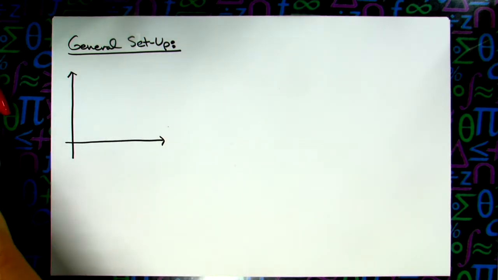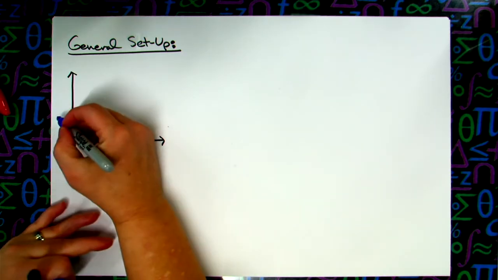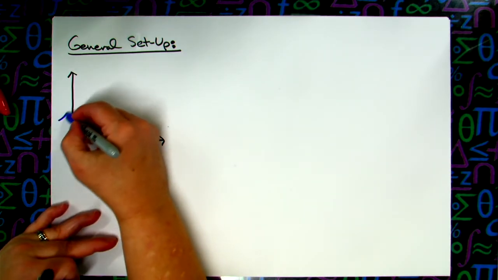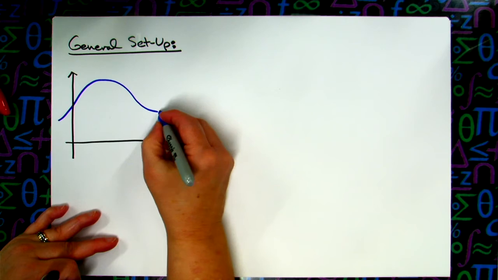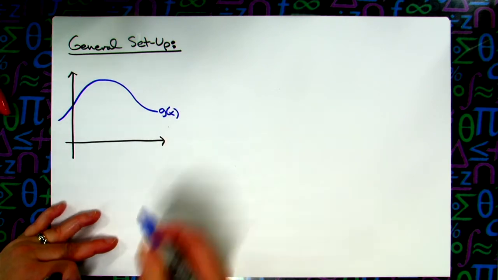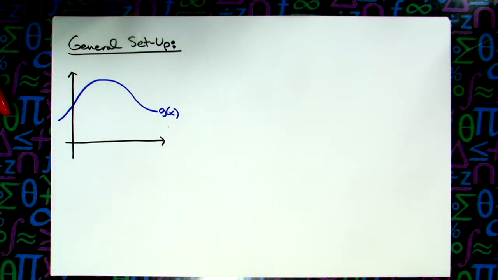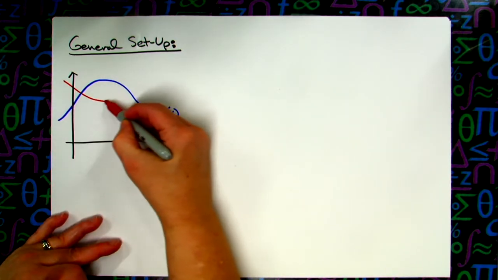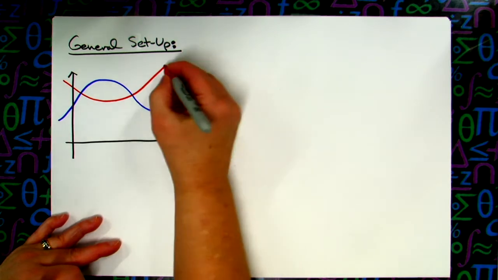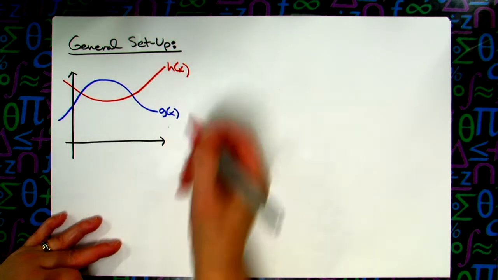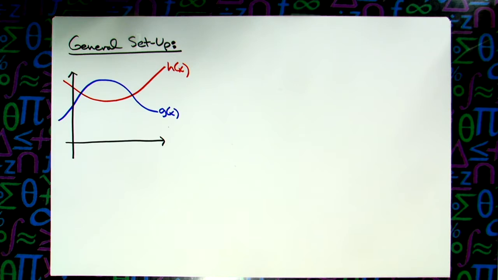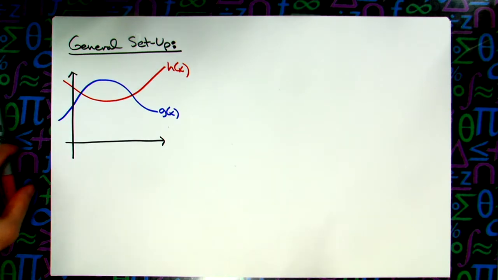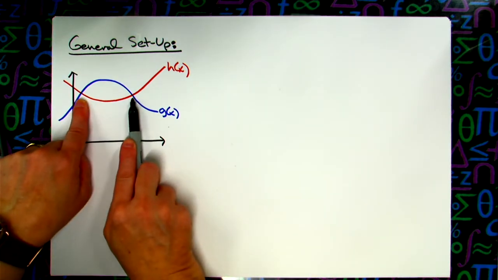And I'm going to color code even. So let's suppose my top curve is right there, and I call it G of X. All right, because I'm not going to name them F of X and G of X all the time. All right, let's say this time maybe there's my H of X. Okay, so I don't have to run my interval from the intersection points, but I can.